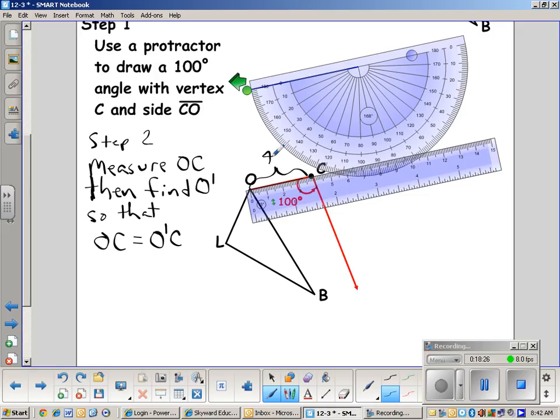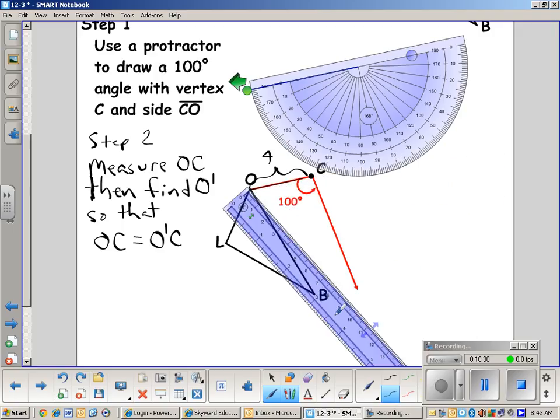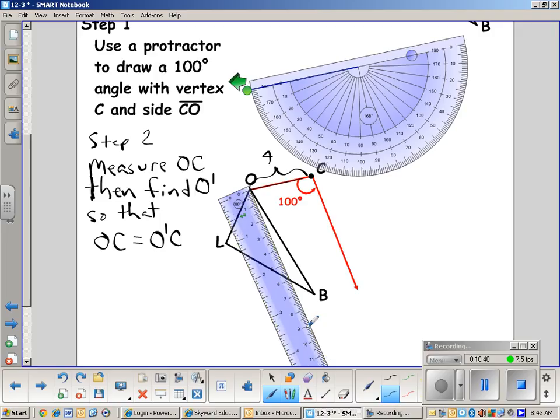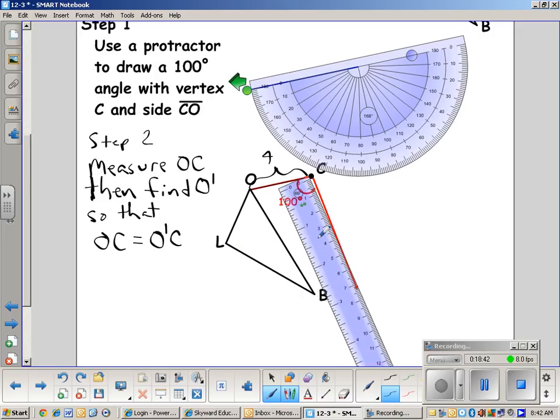Okay? So then I need to find O prime so that OC equals O prime C. Now, it's hard to write in there exactly where to find it, but the reason I drew that first line is so that I knew what line it is on. I'm sorry, I misspoke.